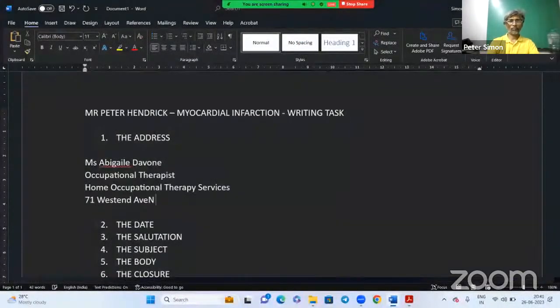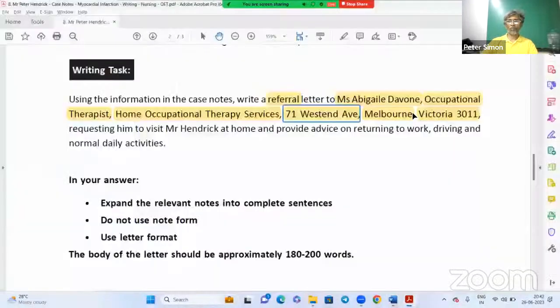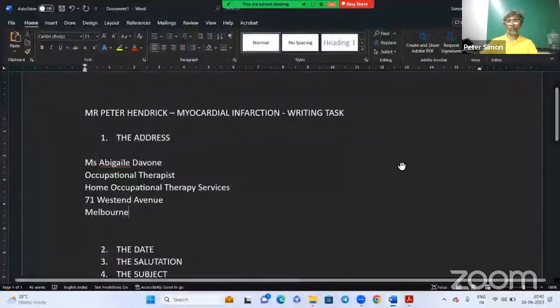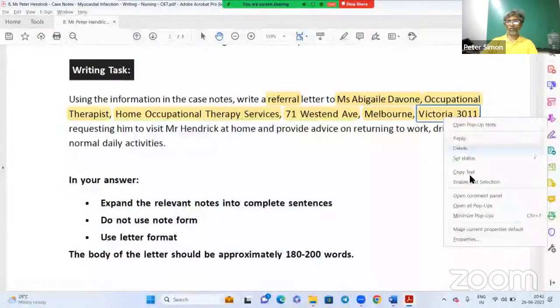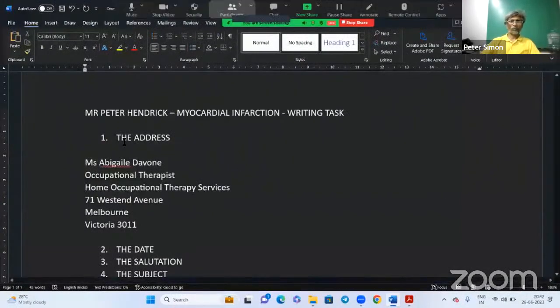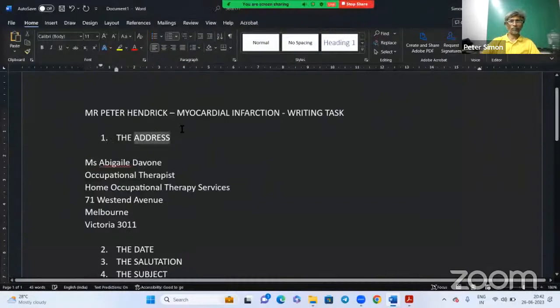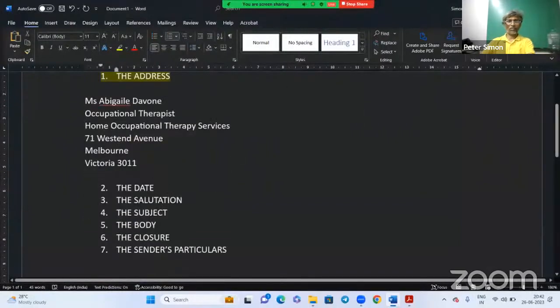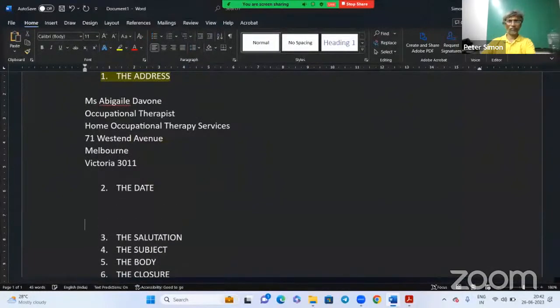Write in full. Melbourne, Victoria 3011. So that is how you take the address. Here we got 6 lines. So address we have finished. Next we are going for the date.